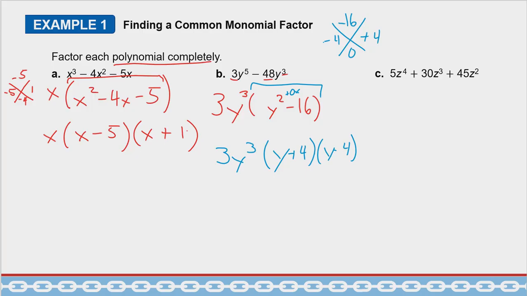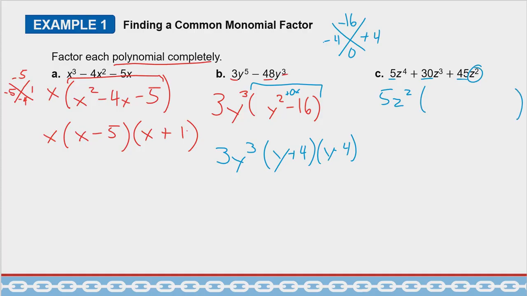For part C, I see 5z to the 4th plus 30z to the 3rd plus 45z squared. And just looking at these coefficients, they're all divisible by 5. Okay, looking at the z's, the variable part, they all have a z to a power. So I'm going to factor out this z squared, the smallest exponent from all three terms.